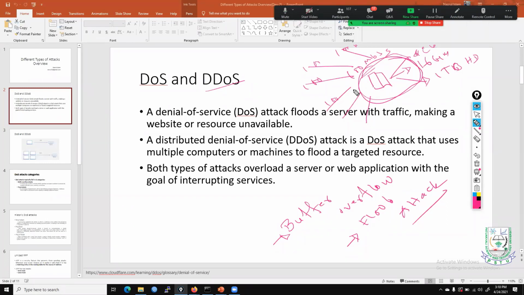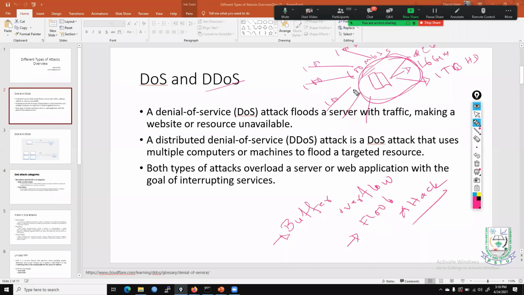So that's the main category of attack, that is, buffer overflow or flood attack. And some other significant or historical flood attacks we can also see nowadays in real life, like the smurf attack, ping flood or ping of death attack.